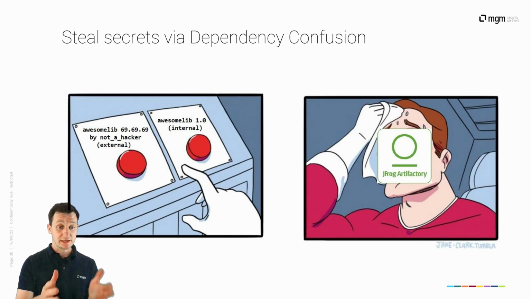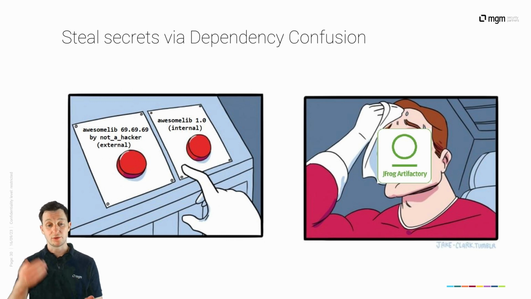So in this case for npm, we can say for the build environment or for the developers' notebooks that for npm we do not go to the central npm repository directly, but we go to our local JFrog Artifactory.